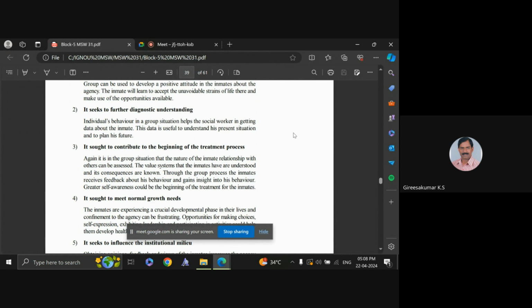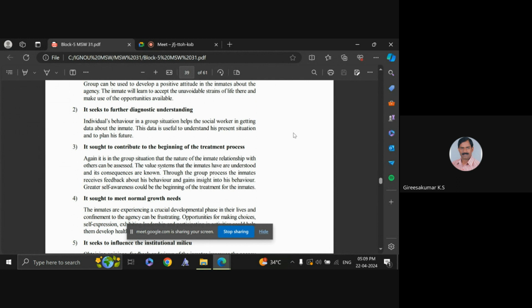Then feedback. Normal growth needs. Why are such institutional works necessary in juvenile homes, and how does it help the children in the juvenile homes? These are all discussed.